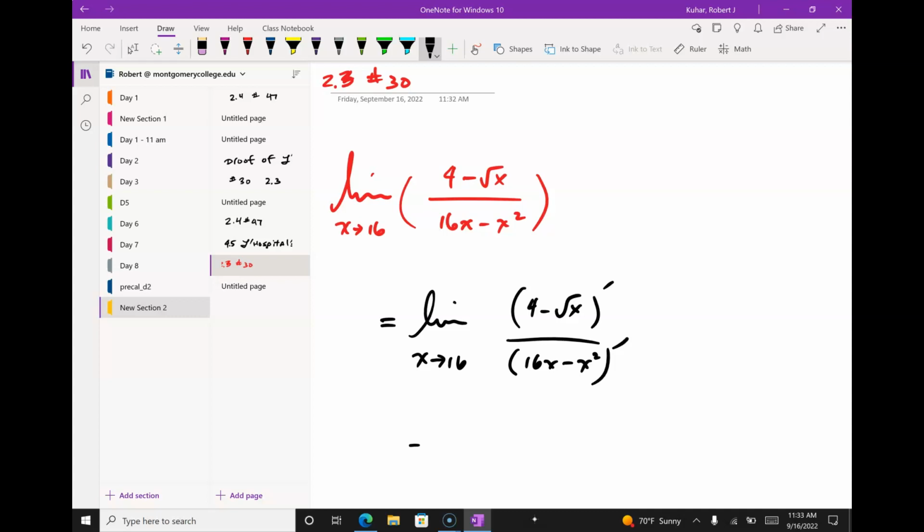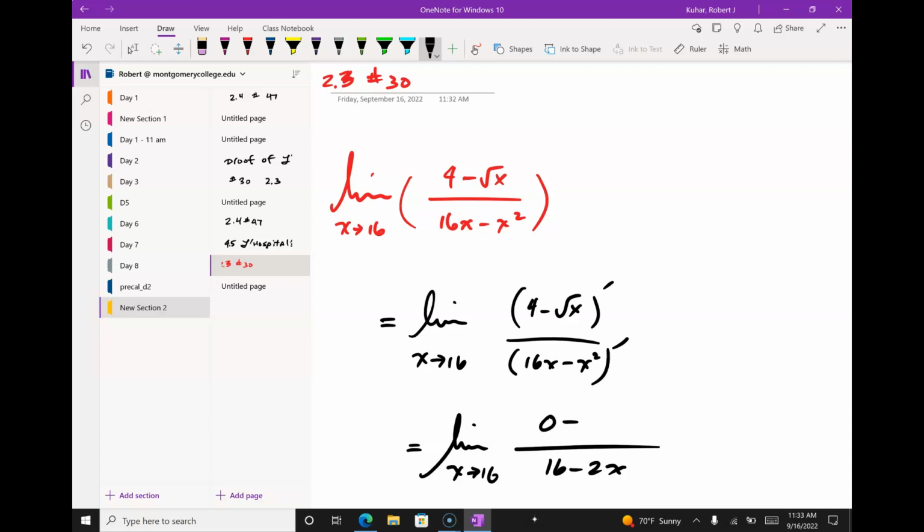Downstairs on this one is easy, right? What do I get for my derivative downstairs? Nice, 16 minus 2x. Thank you for saying it nice and loud for me. Upstairs is not so easy, but we should have the square root function memorized.